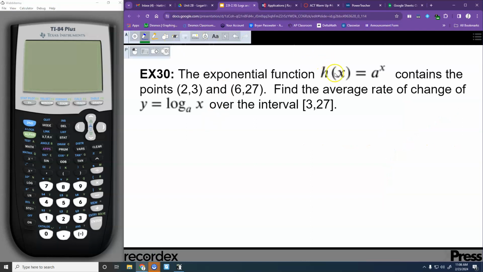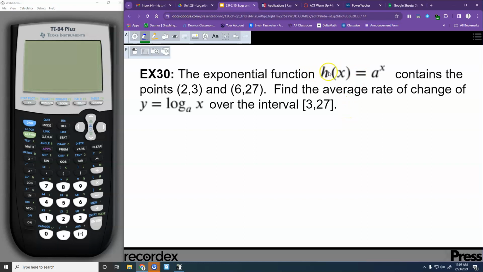My exponential function is a to the x power. They didn't tell us what a was, right? But they did give us 2 points on that graph. And then they give us another graph, y equals log base a of x. And they want the average rate of change for this graph from 3 to 27.